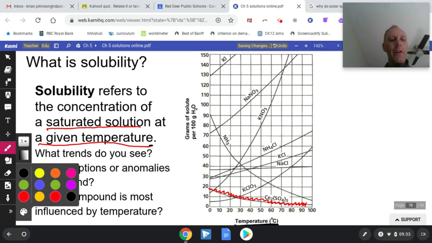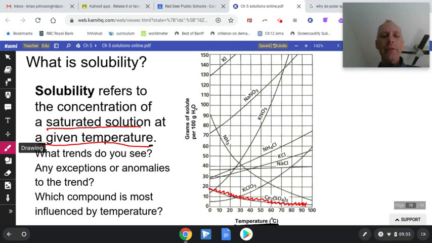Okay, so first question, what trends do you see? When you look at this graph, are there any trends or patterns? And you should see the following: as temperature increases, what happens to the solubility, or the concentration of solute in solvent?